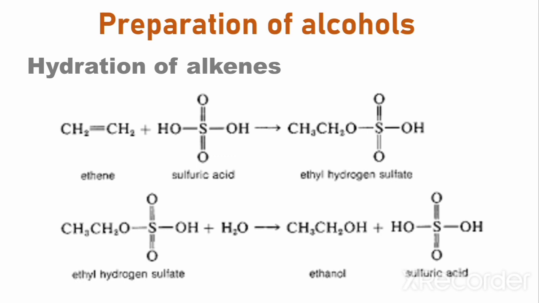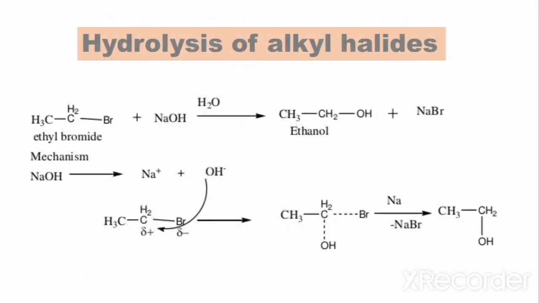And it is as such in the product. And the other is the hydrolysis of alkyl halides. Hydrolysis means the addition of water, and alkyl halide means an alkyl group along with a halide group. So we take ethyl bromide as the alkyl halide, in which the alkyl group is ethyl and the halide group is bromide, and it will react with a base along with the water molecule, and we have a final product, that is alcohol.